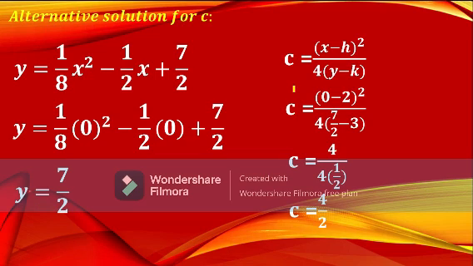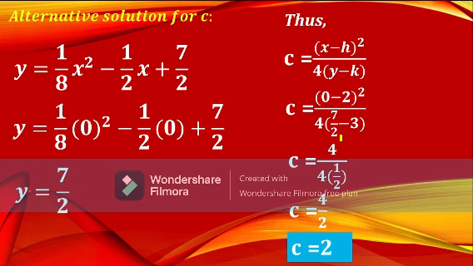So we are going to substitute the value of our x and y. So c is equal to (x − h)² over 4 times (y − k). So our x, because we let x be 0, then minus our h, the value of our h is 2, then quantity squared over 4, then our y, the resulting value of y when x is 0, is 7 over 2.